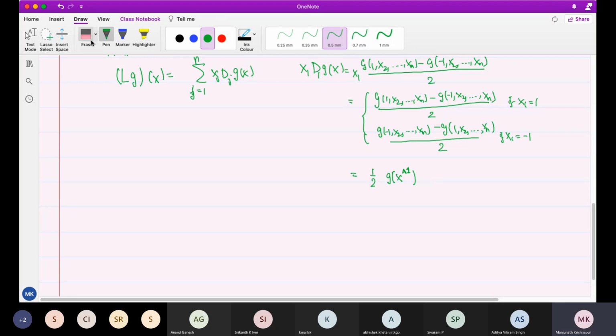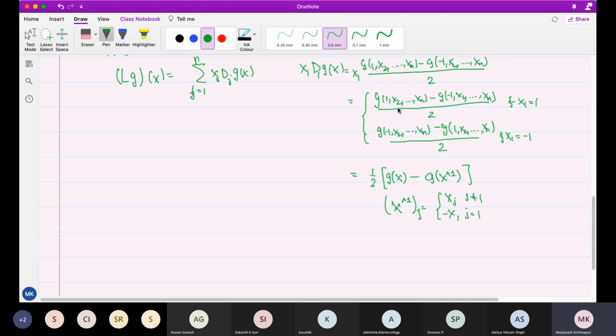Sorry, it is g of x minus g of x wedge 1. x wedge 1 is the one with coordinates, its coordinates are same as xj, except the jth, for j not equal to 1, and there you flip the coordinate.